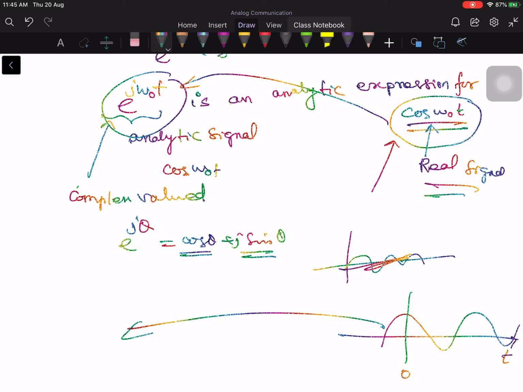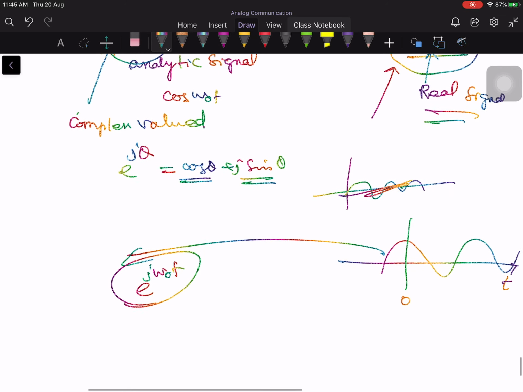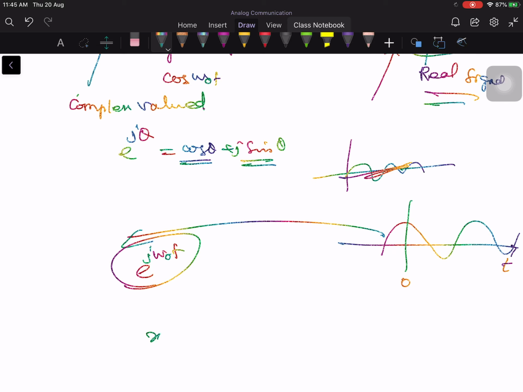What is that analytic expression? E to the j omega naught t. Why do we need this analytic expression? Because manipulation is very easy in this case. This is a specific case I have taken, but now what I am trying to say is you can take any arbitrary signal, and for that I can construct an analytic signal.